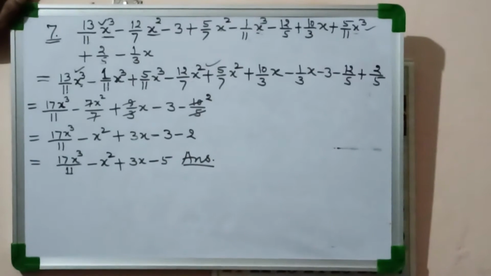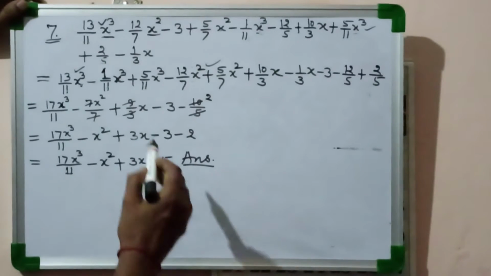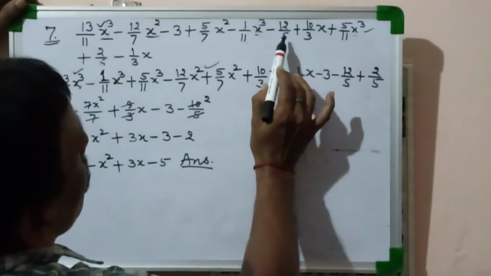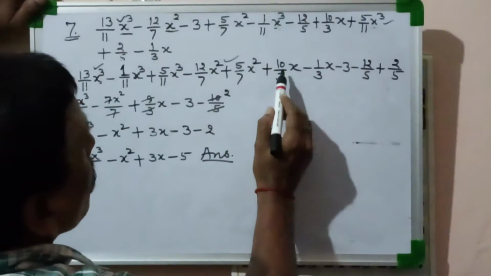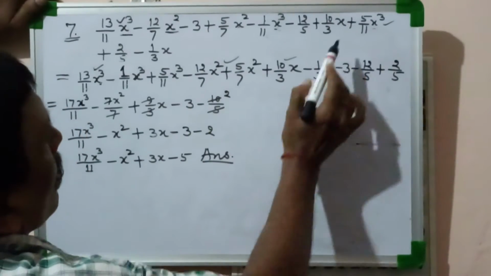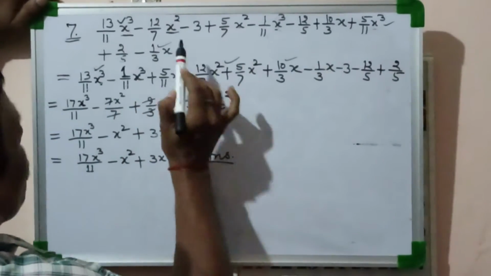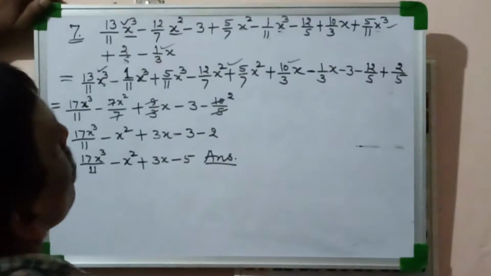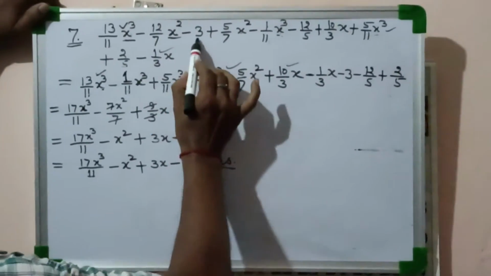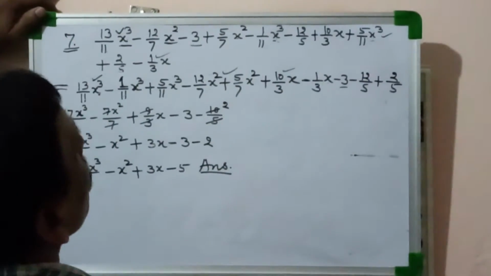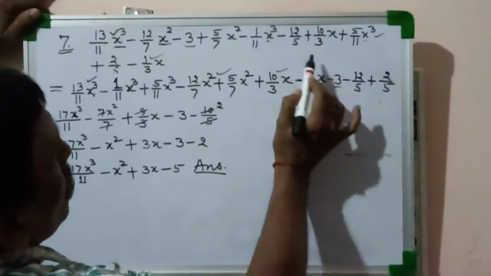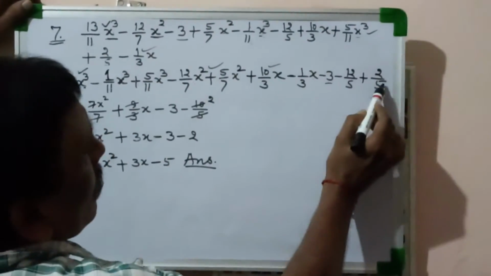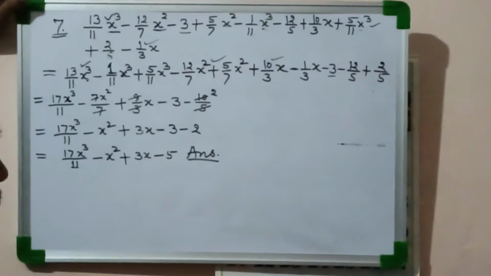Then the coefficient of x: 10 by 3x and then 1 by 3x, so 10 by 3x minus 1 by 3x, and then the numbers: minus 3, then minus 12 by 5, then plus 2 by 5. So you arrange these terms.